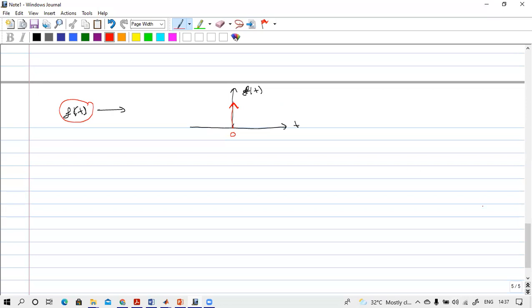Okay. So if I ask you to find the Fourier transform of this delta t, let's see how we can do this. I think you should remember the properties of this delta t function.